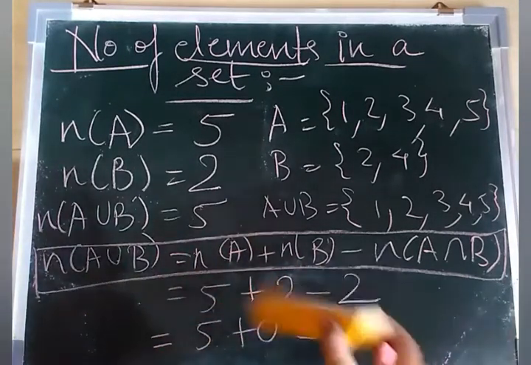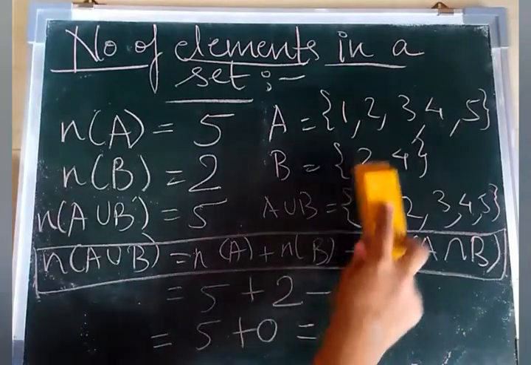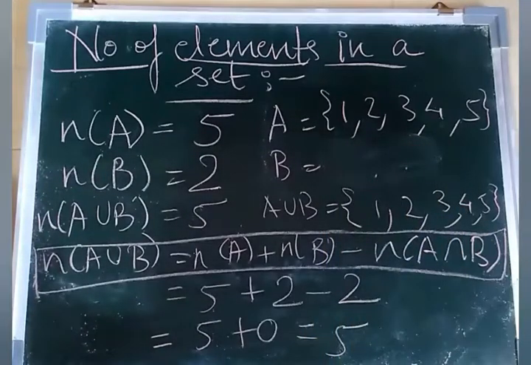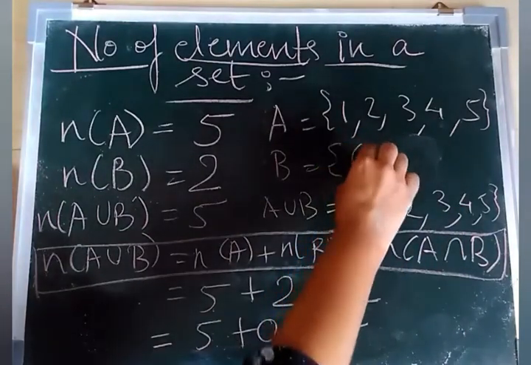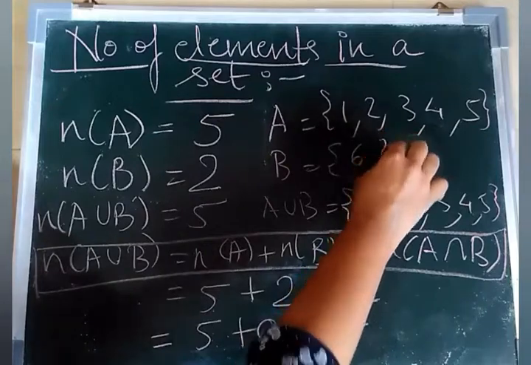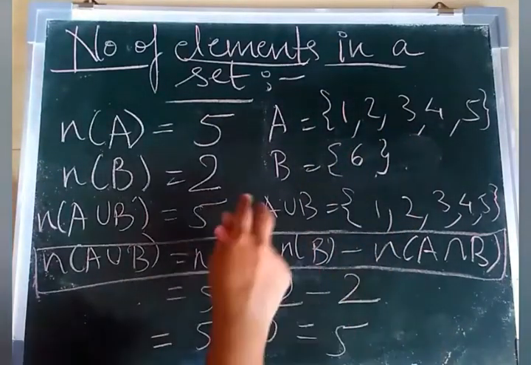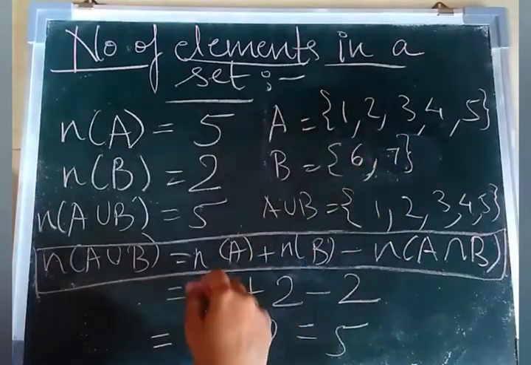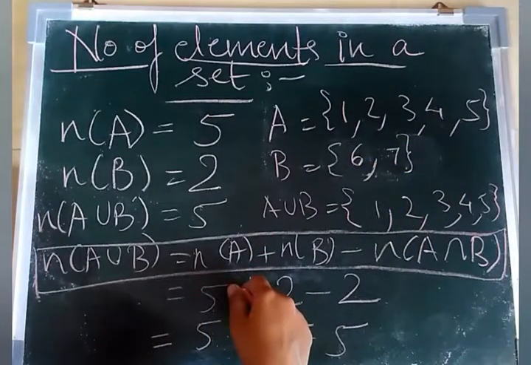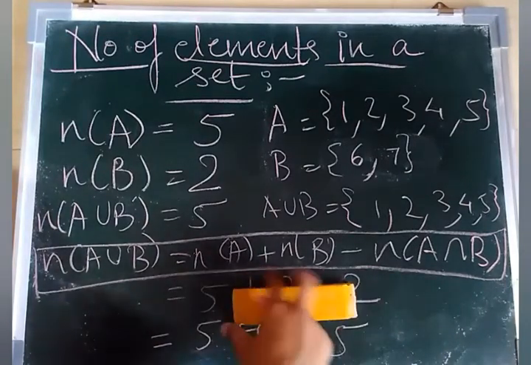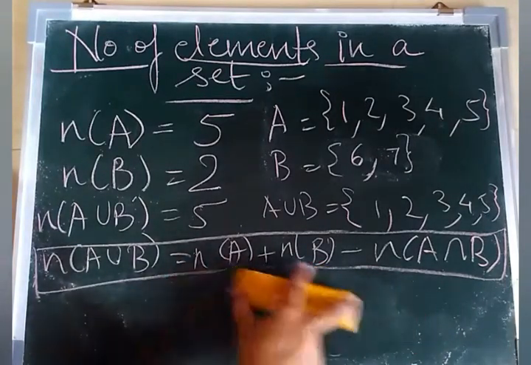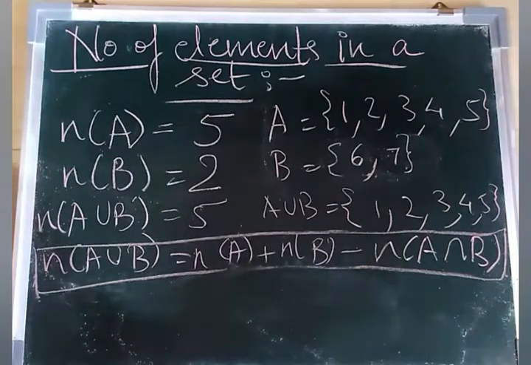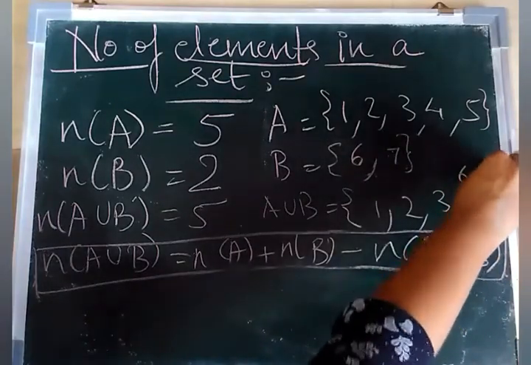Now one more observation we should have from here is, now if I have a set with nothing common, say 6, 7. Again I will try to keep the number of elements the same. In the union I have to add 6 and 7.